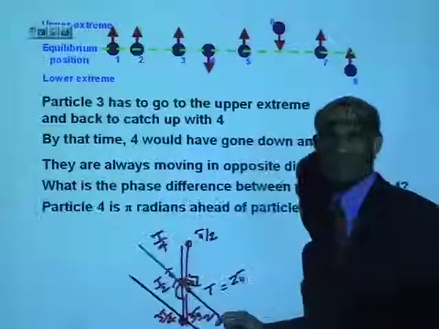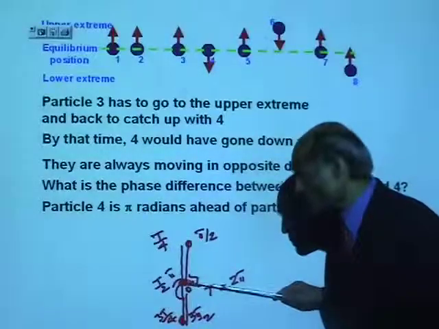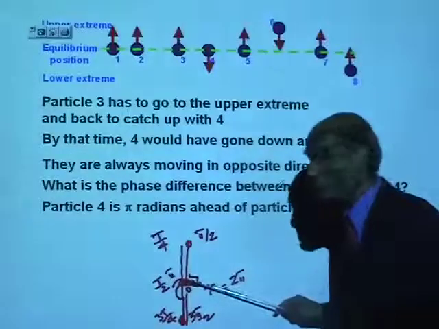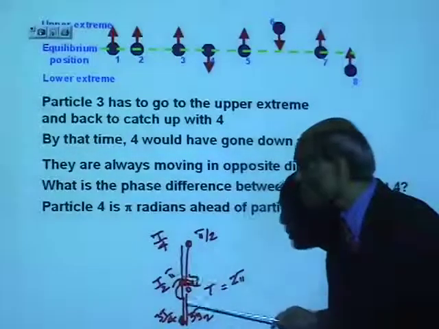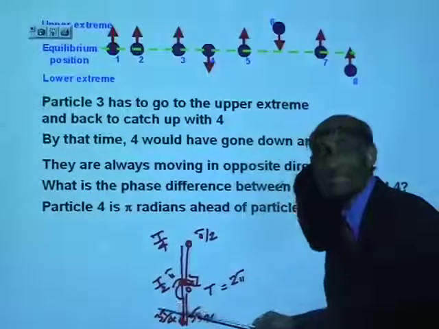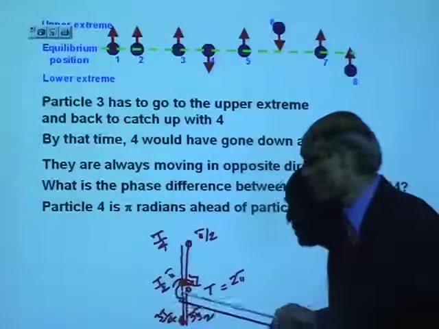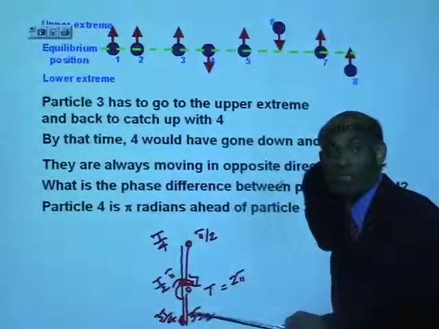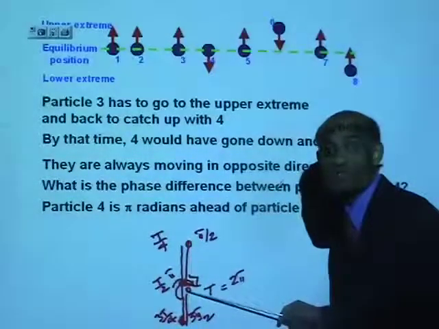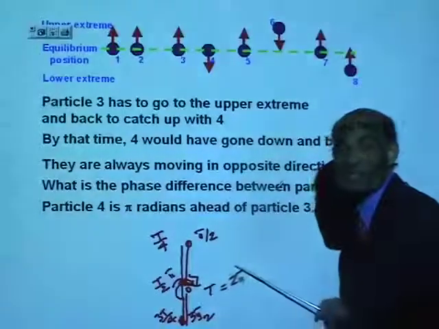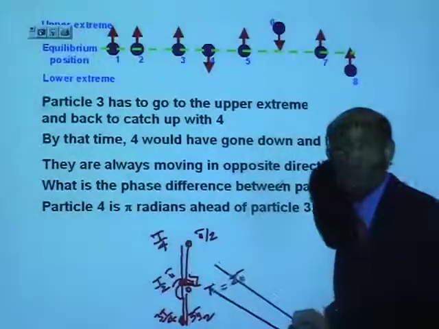When the particle goes down to the lower extreme, it has now completed 3/4 of a vibration. So the phase is 3T over 4, which is the same as 3 pi by 2. And when it is back to the equilibrium position, one full period is the same as the phase angle of 2 pi.